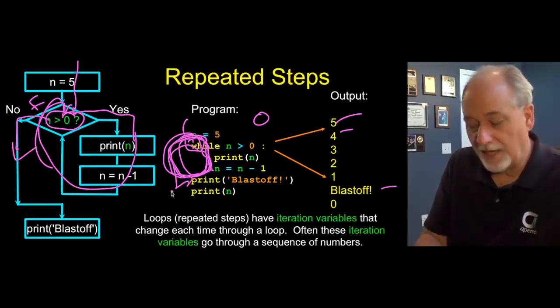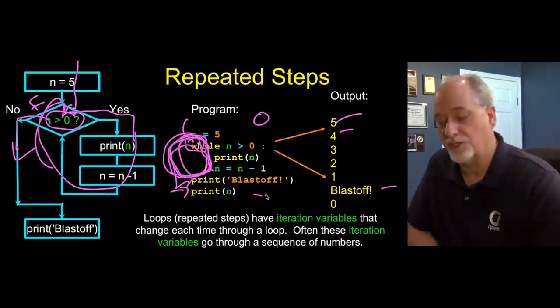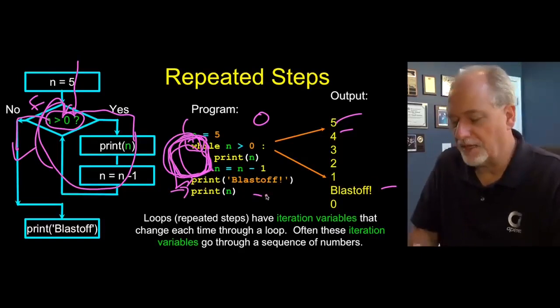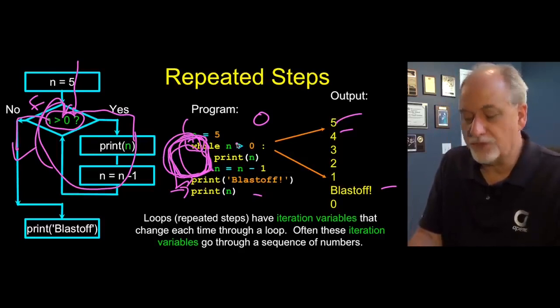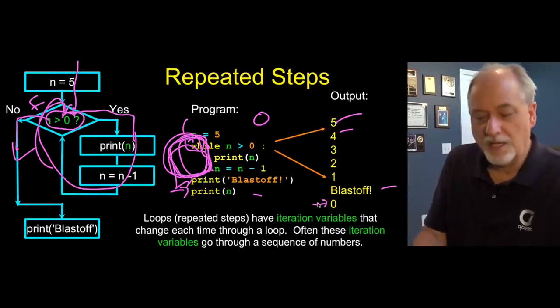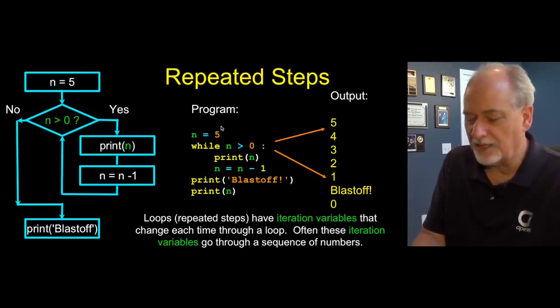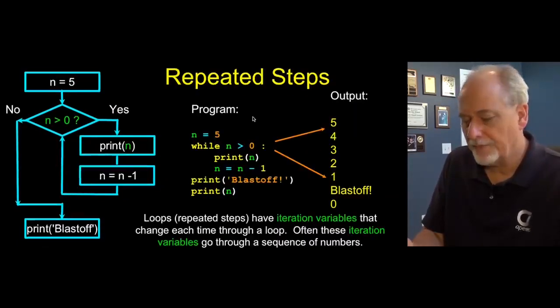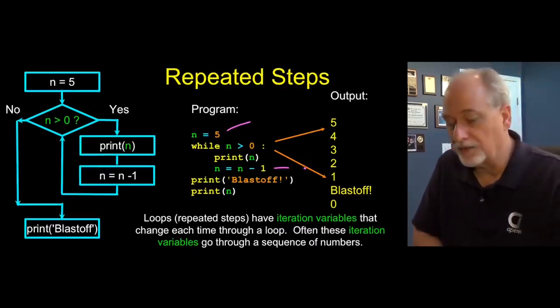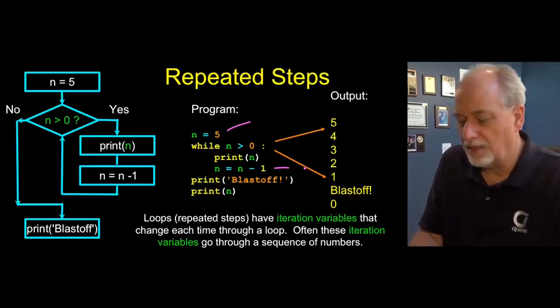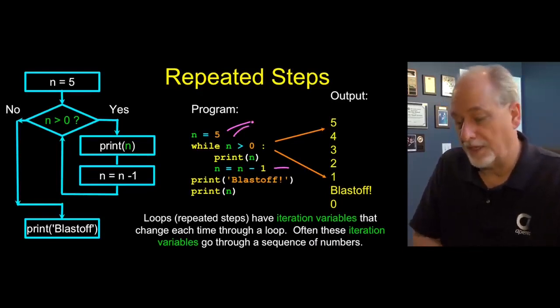Then it prints blast off, and we can print out the residual value of n just to prove to ourselves that it ran until n was no longer greater than 0, and then 0 was the final value for n. And we carefully constructed n. We set it to 5, then we carefully subtracted 1 each time through the loop, and then we're using that to control when to exit the loop.